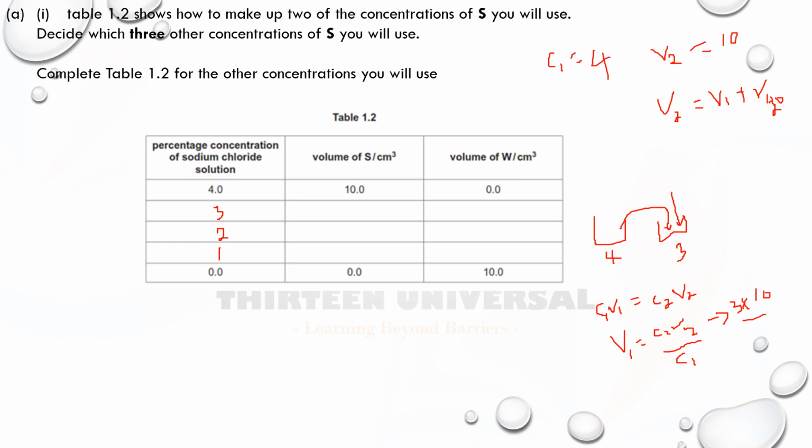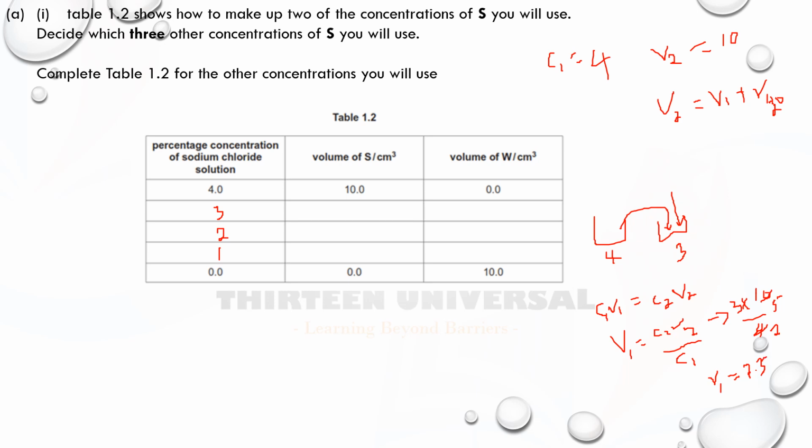If you check, 4 is here, so 2 goes here, that's 5, you know how it goes. 2 into 4 is 2. So 3 times 5 is 15. 15 divided by 2 will give us 7.5. So V1 is 7.5 if I'm diluting to produce 3%.